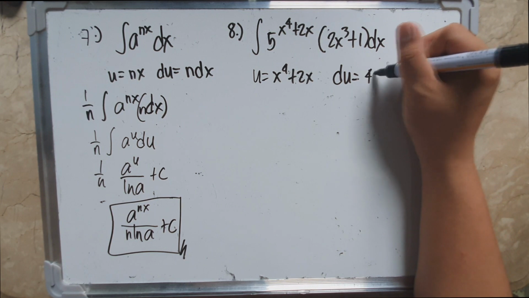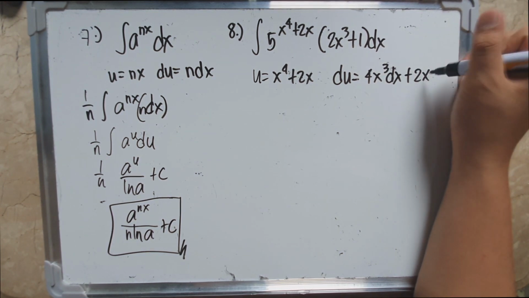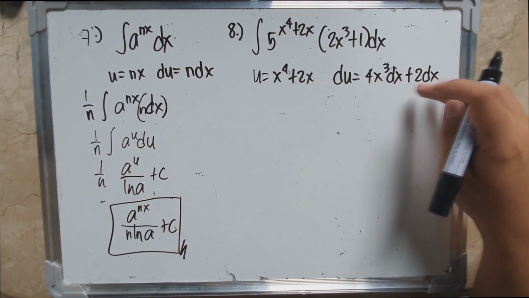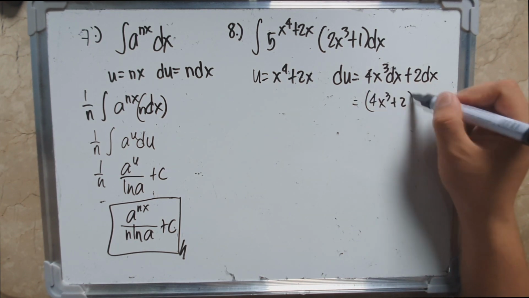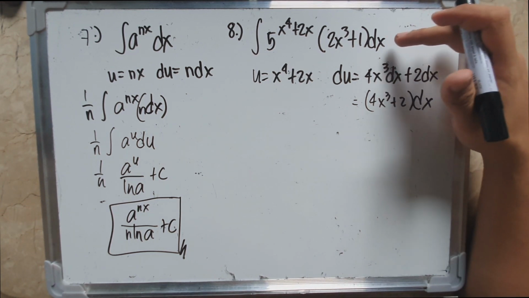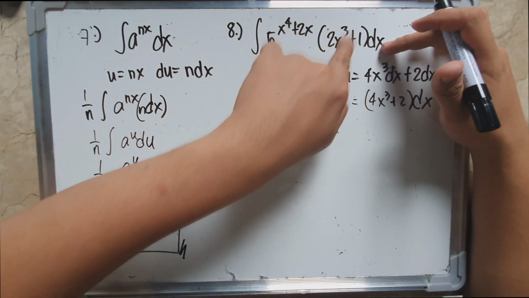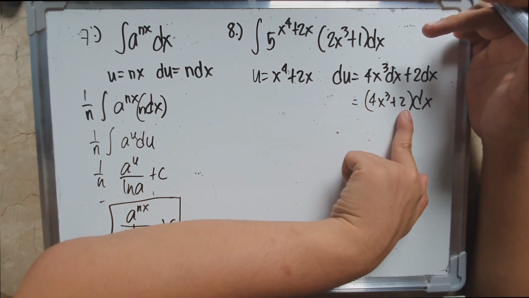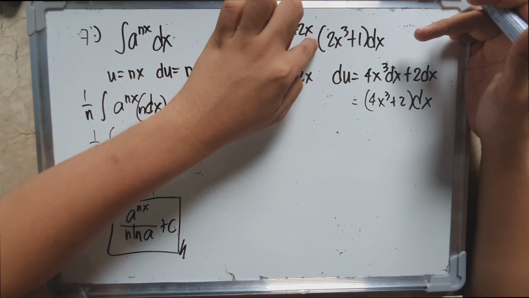We have 4x cubed dx plus 2 dx. Factoring out dx, 2x cubed plus 2 dx. If we check our original integrand, we have dx, we have 2x cubed plus 1, so dividing this one with 2, we have this one. So we need to multiply this one with 2.